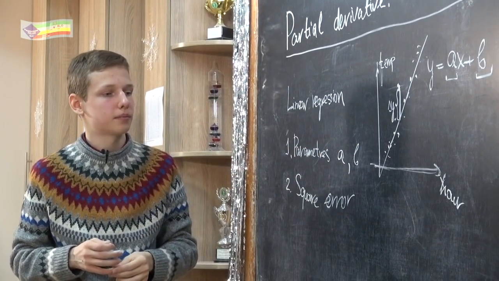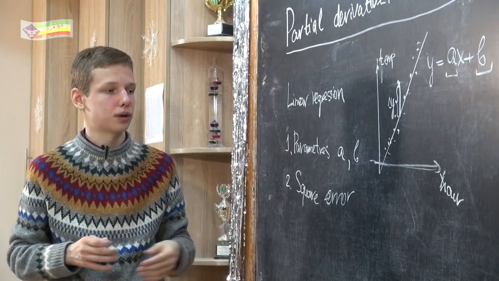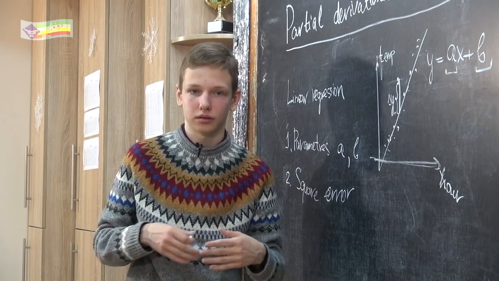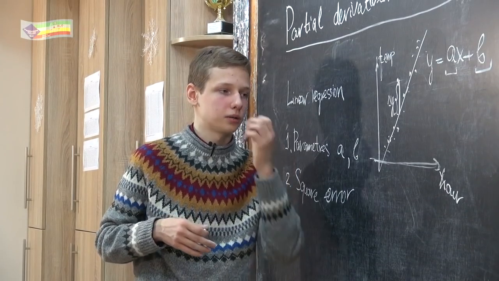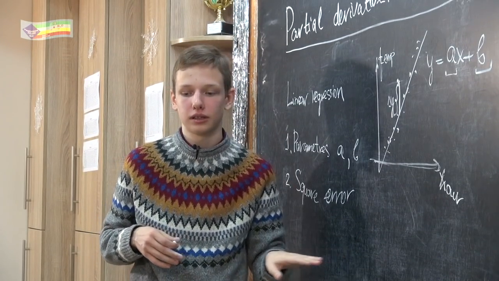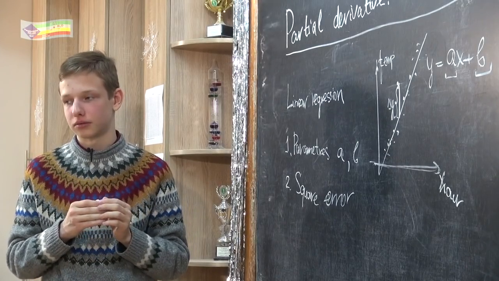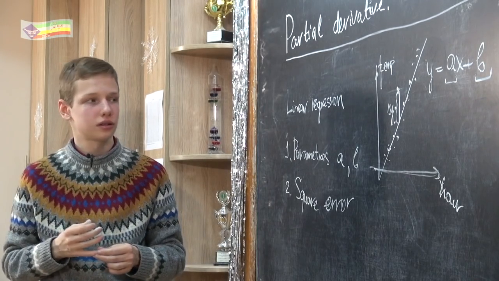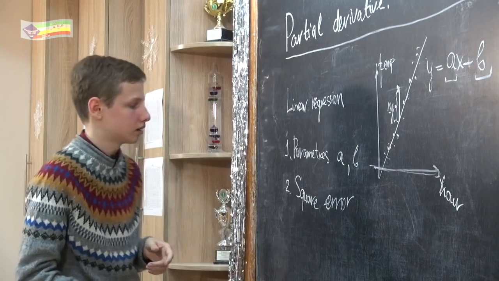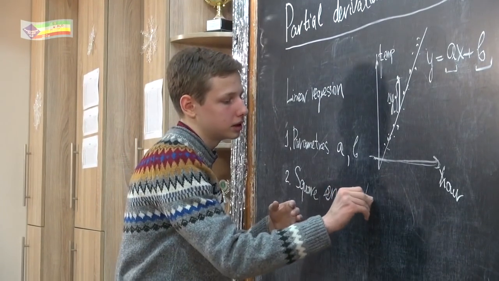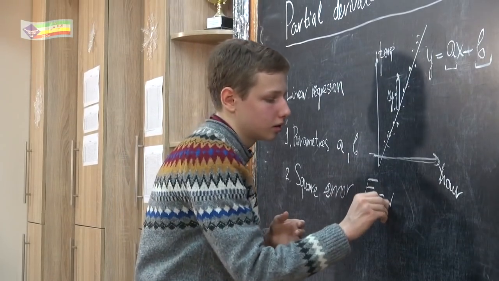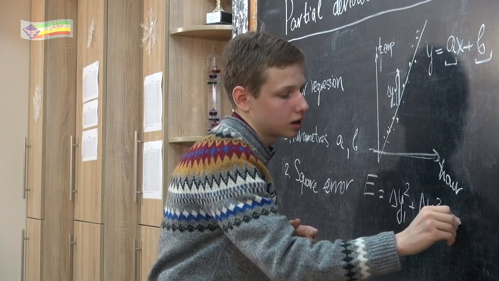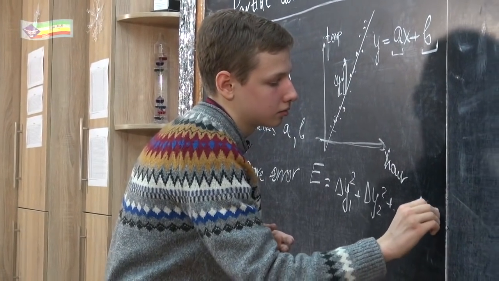We are going to sum them by squares, because the square is a normal function, and if we are talking about modulus, then it's a pointy graph, and it doesn't have a derivative at some point. That's why we are going to use squares, and the square error will be defined as just the sum of delta y1 squared, delta y2 squared, and so on for all points that we've got.